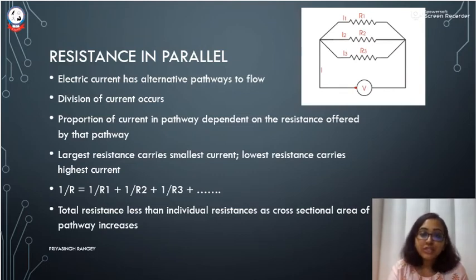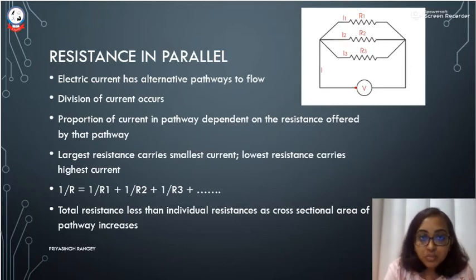The benefit of this kind of arrangement is that when we talk about the total resistance, the inverse of the total resistance is going to be the sum of the inverse of the individual resistances. So if we say that the total resistance in this circuit is going to be R, then 1 upon R is going to be the sum of 1 upon R1, 1 upon R2 and 1 upon R3.